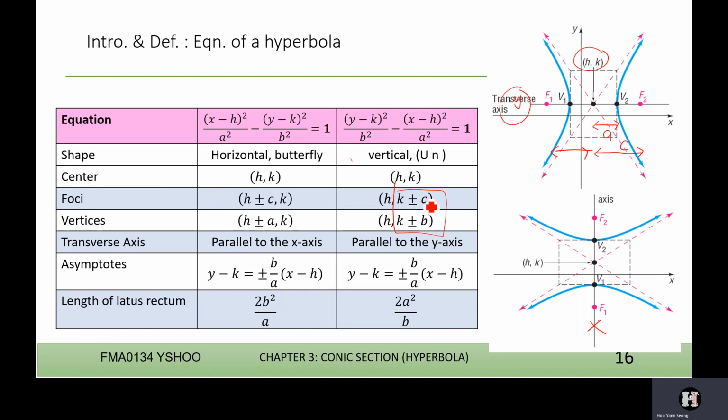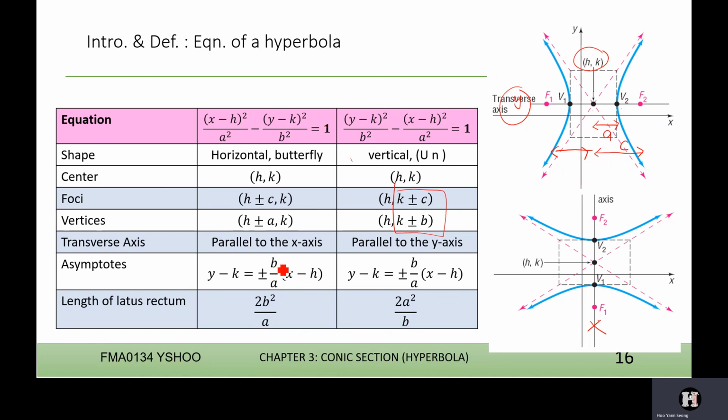Now we go to our asymptotes. Please remember, it is always standard y minus k, because our linear line we always say is y equals mx plus c. So we start with y minus k equals plus minus, because we have a pair, b over a.